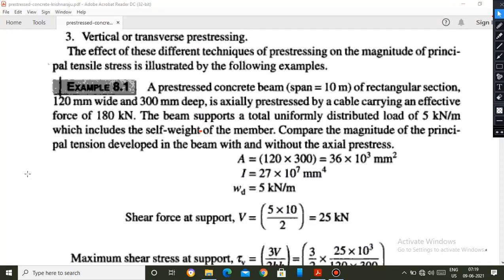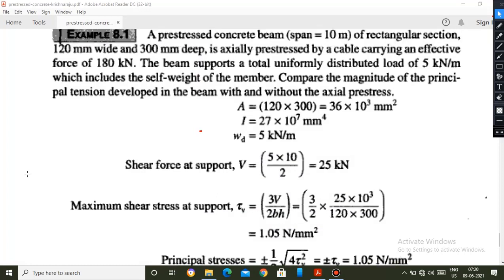Coming to the problem: a pre-stressed concrete beam of span equal to 10 meters, of a rectangular section with 120 mm wide and 300 mm deep. Here I am drawing the cross section.